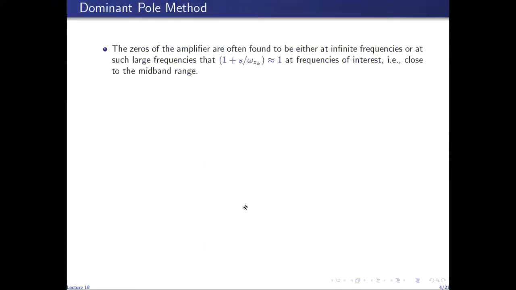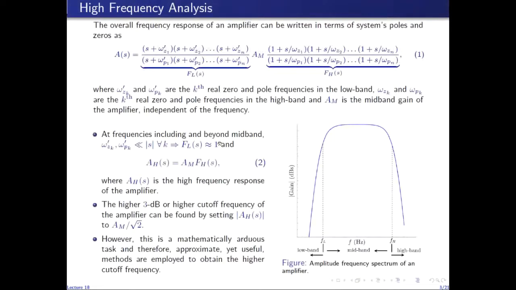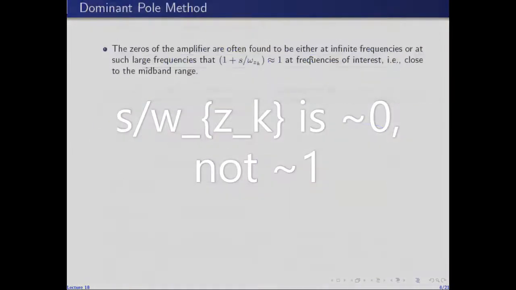So the first method is called the dominant pole method, and as the name suggests, it makes use of the fact that there is a dominant pole in the system. So most of the times, the zeros of the amplifier, so this numerator here, which represents n zeros of the amplifier, some of these zeros are already at infinite frequency, and the others, their frequency is so large that within the frequency range of interest, S over omega zk is almost 1.